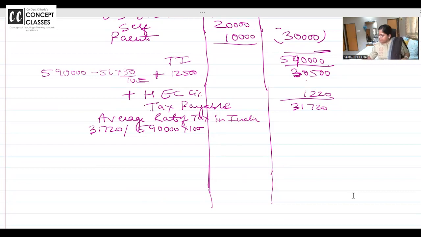So 31,720 divided by 590 into 100 gives how much tax you are paying: 5.37% in India.